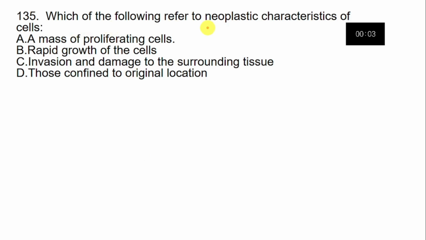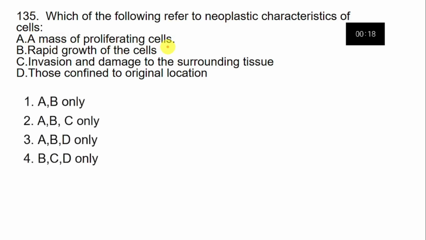So this is confirmed. Option 3 is the right answer. Which of the following refer to neoplastic characteristics of cell? Neoplasm is the term for cancer, a mass of proliferating cells. A is correct. We have A in options 1, 2, 3. Rapid growth of cells is also there, so B is also correct. C is invasion and damage to the surrounding tissue.